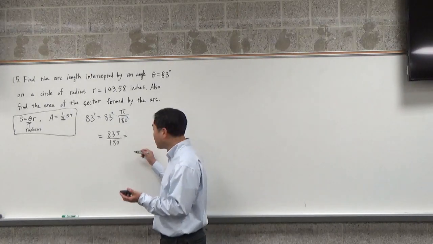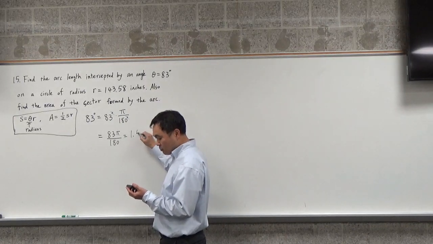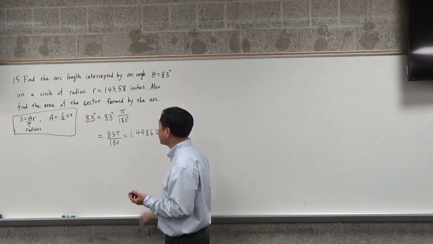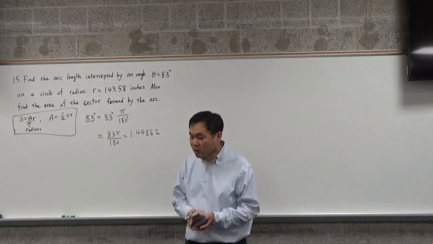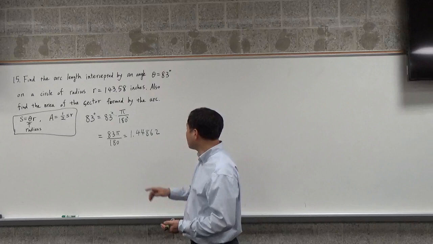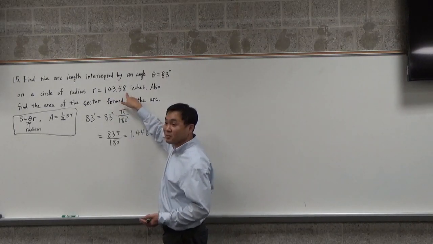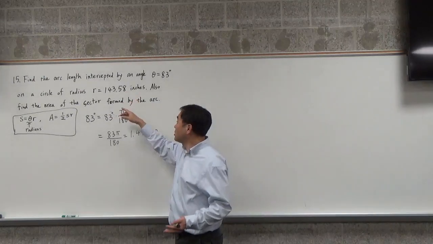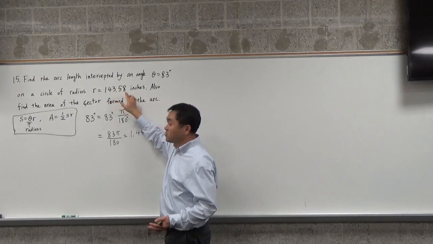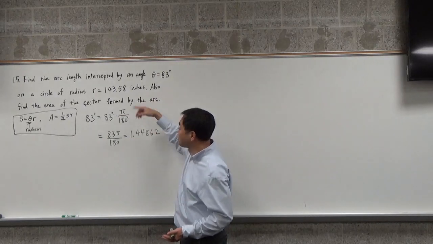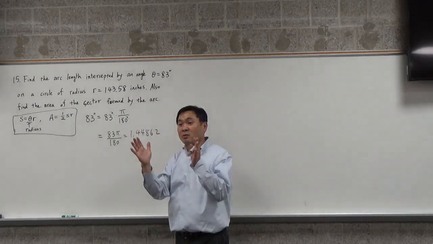And the result is 1.44862. I'm using 6 digits because the given value has 5 significant digits, so after doing the calculation I will only keep the 5, all right?